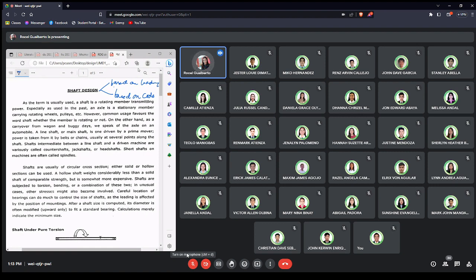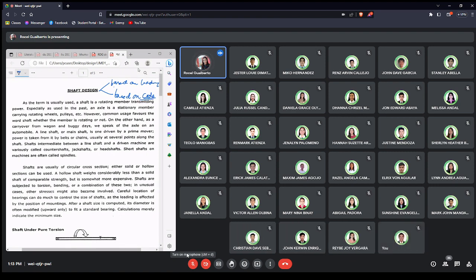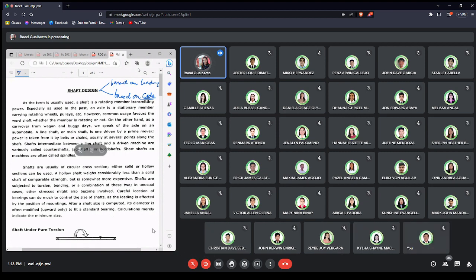Then the other one is based on the code. This means we have codes that we follow, and also their rules or guidelines on how to design. Based on code, we have the PSME code and the ASME code.